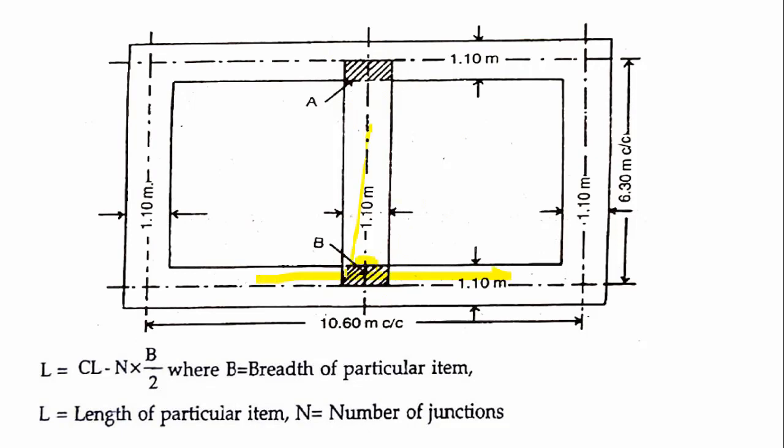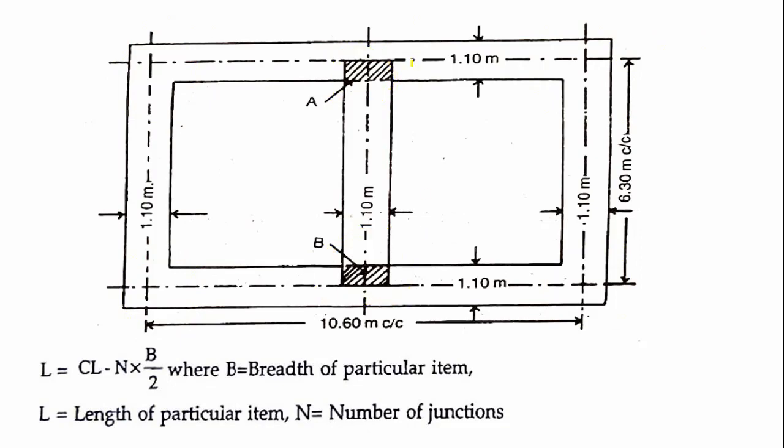Whenever we have any cross wall, we are going to get a junction. Another thing to remember: at the corners of the building we don't have any junctions, because there is no overlap or it is getting nullified. So at corners no junctions, but whenever we have cross walls, we get junctions.